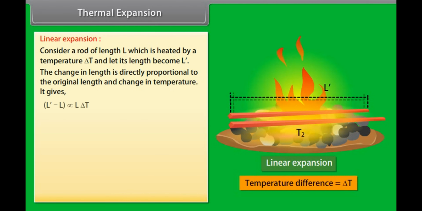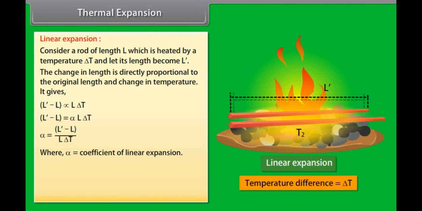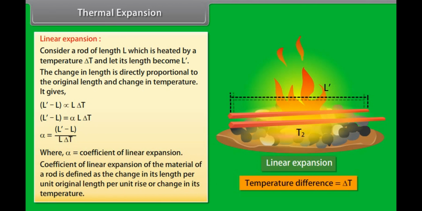It gives L' - L is directly proportional to LΔT, or L' - L = αLΔT. The value of α is equal to (L' - L)/(LΔT), where α is the coefficient of linear expansion. The coefficient of linear expansion of the material of a rod is defined as the change in its length per unit original length per unit rise in its temperature.